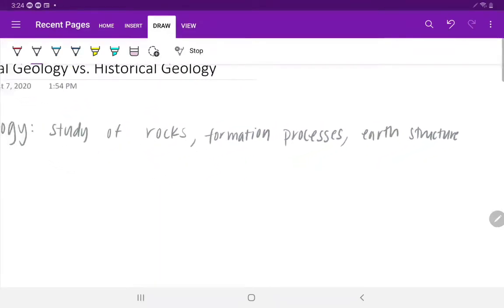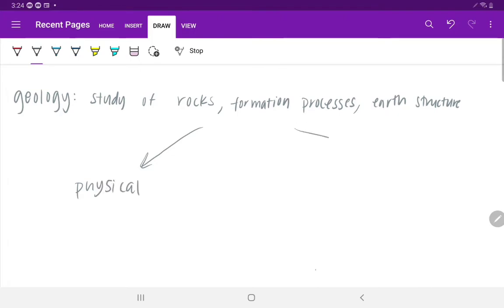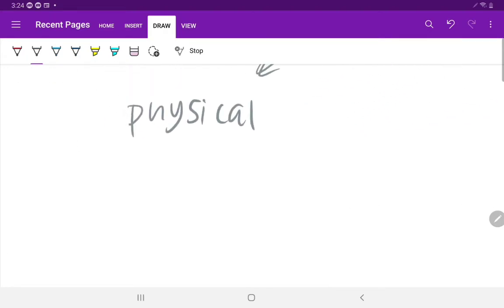Now that we have geology as a whole field down, geology can be split into two smaller subdivisions. These two categories are physical geology and historical geology. Let's first take a look at physical geology.